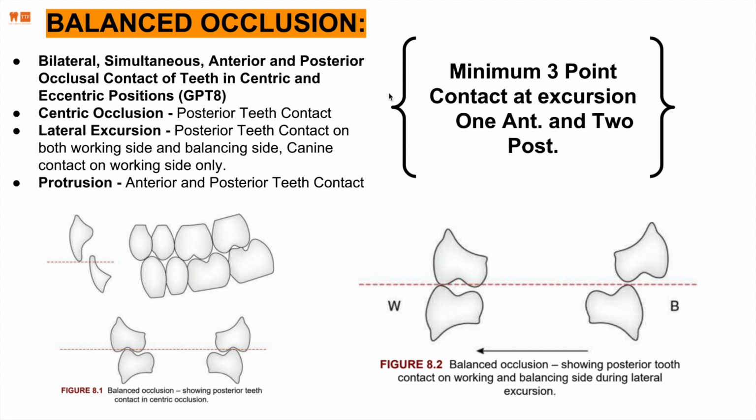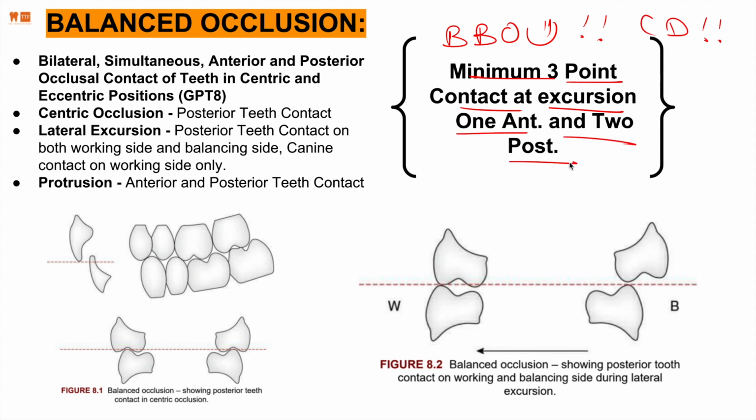Balanced occlusion, in other words, bilateral balanced occlusion. The necessity for complete dentures: maximum 3-point contact at excursion. Excursion means left, right, up, down, front, back. Any other movement but centric relation is excursion. One anterior and 2 posterior contacts.